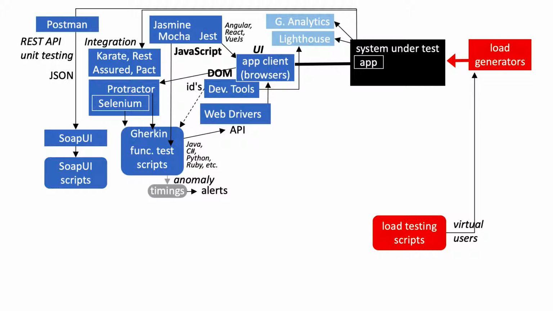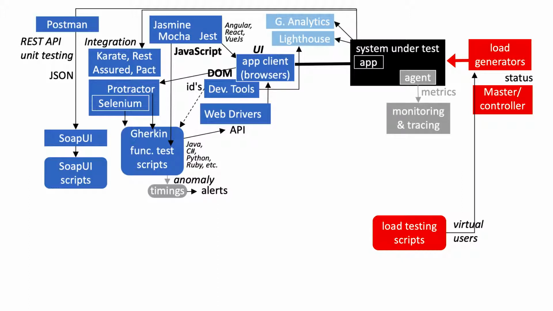While load is being injected, status such as the rate of transactions and errors encountered are reported by load generators to some master controller. Metrics such as CPU and memory utilization within servers are obtained by Dynatrace or other monitoring agents installed on servers. Results from runs are then analyzed and presented in dashboards.